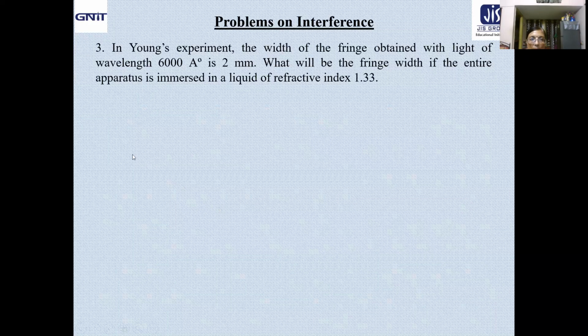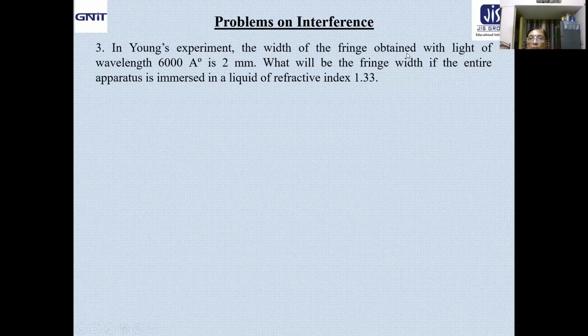Let us now come to problem number 3. In Young's experiment, again a fringe width problem, the width of the fringe obtained with light of wavelength 6000 angstrom is 2 millimeter. What will be the fringe width if the entire apparatus is immersed in a liquid of refractive index 1.33?